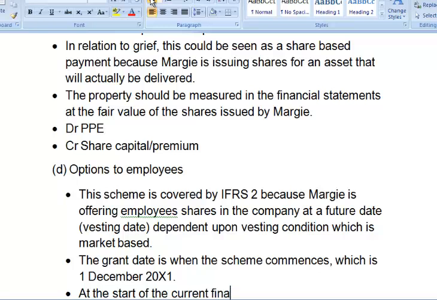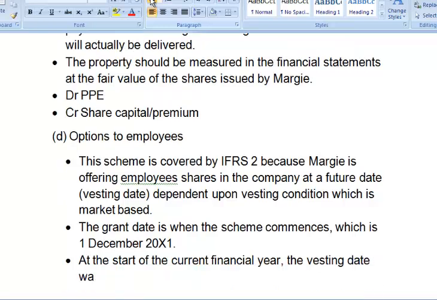At the start of the current financial year, what happened? Margie estimated at the grant date that the expected vesting period would be 4 years. So at the start of the current financial year, the vesting date was estimated to be 4 years.